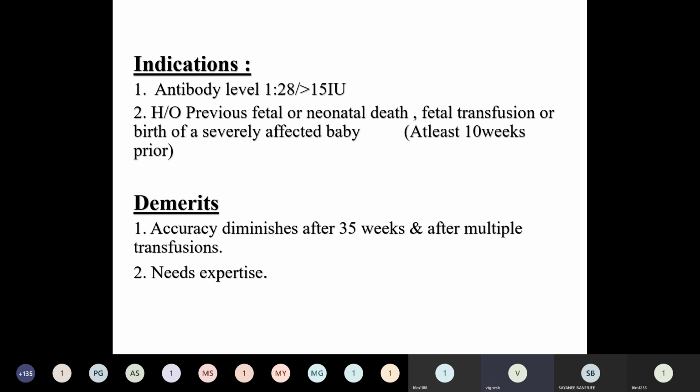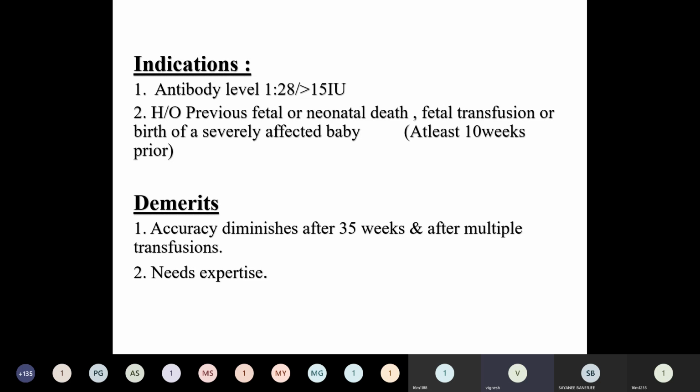So the indications for doing an MCA-PSV are: the antibody levels should be more than 1 in 28 or 15 international units, or there is a history of a previous fetal or neonatal death, a fetal transfusion, or a history of the birth of a severely affected baby.